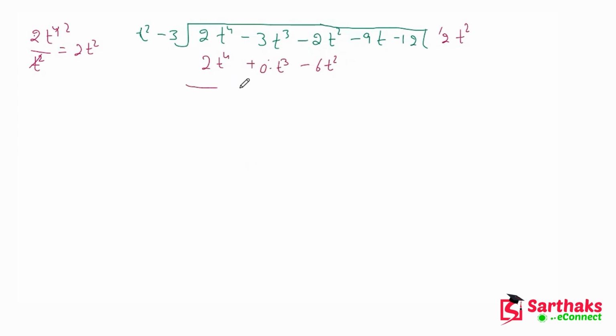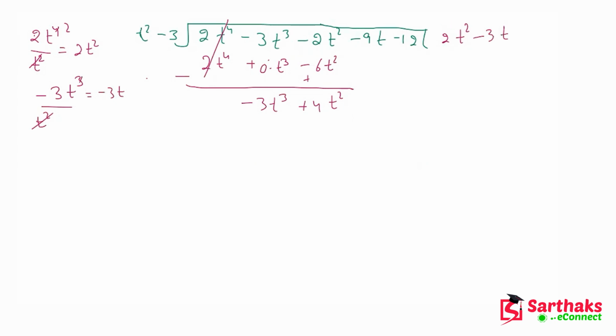Okay, now we are subtracting it. So this becomes negative and this got cancelled. Here is minus 3t cube. Now this becomes positive and here is plus 4t square. Yes, plus 4t square. Now again minus 3t cube divided by t square, then we get minus 3t, minus thrice of t.